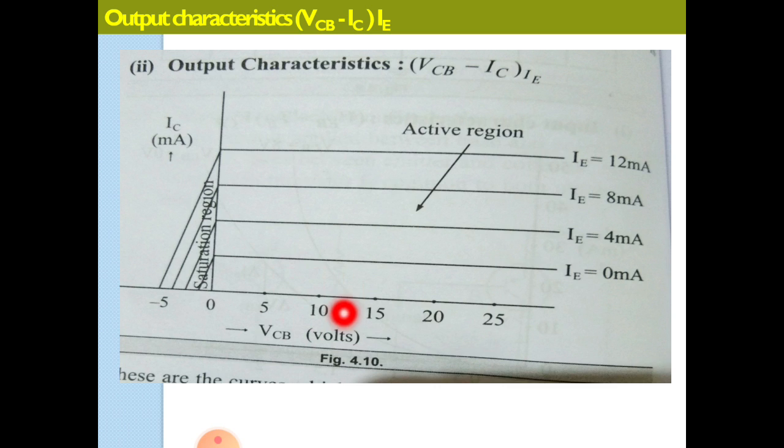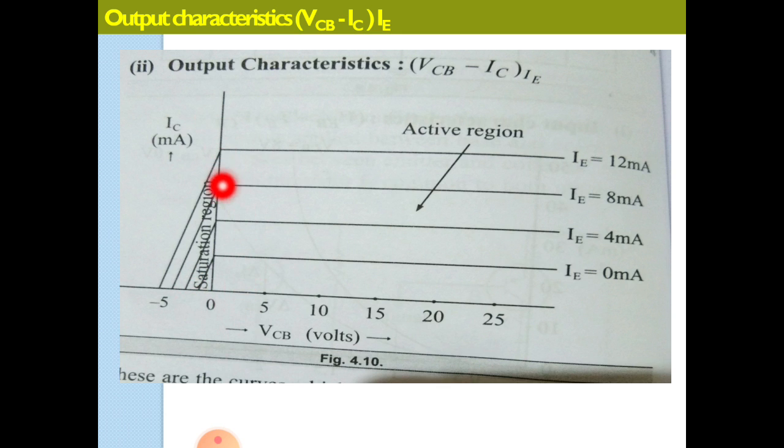For 10 volt of output voltage, we get the same value of output current, by keeping the input current constant. So this is the active region, where the output current and the output voltage are positive in nature, and most of the transistors perform in this active region.